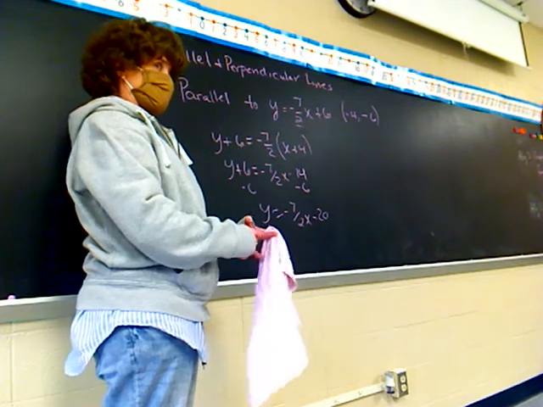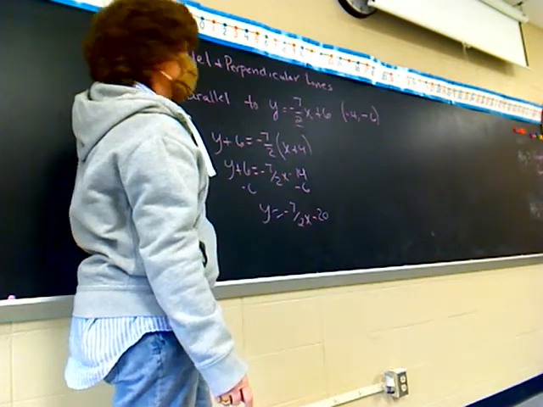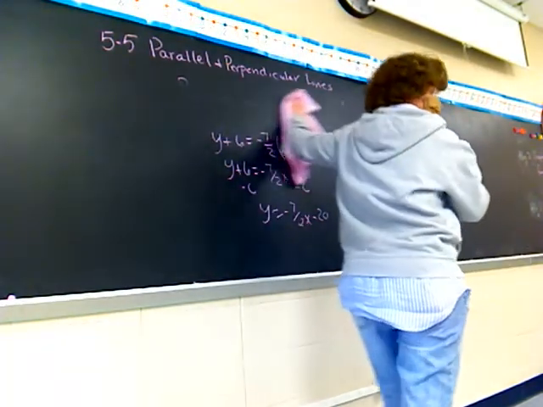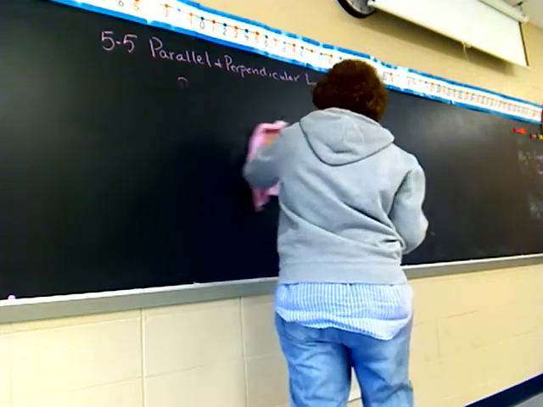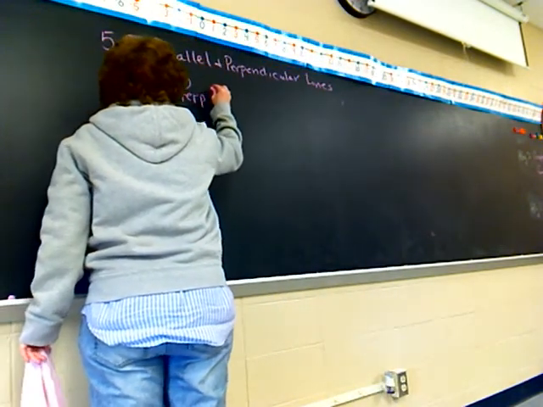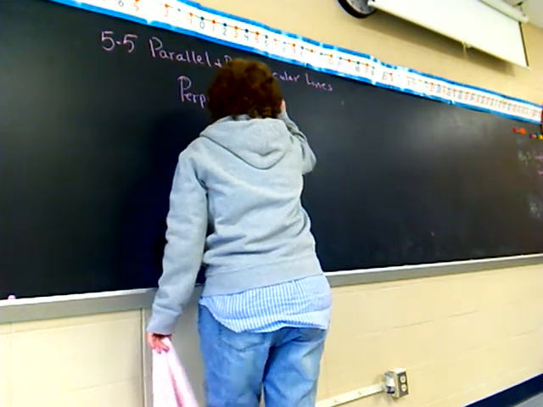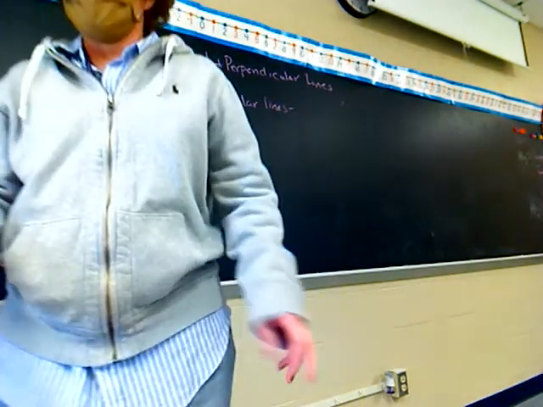Questions on that? Fairly straightforward. Okay. So now let's talk about perpendicular lines. And that step is the same for perpendicular. It's just, I have to say something different about their slopes. Perpendicular lines are what they call negative reciprocals of each other.